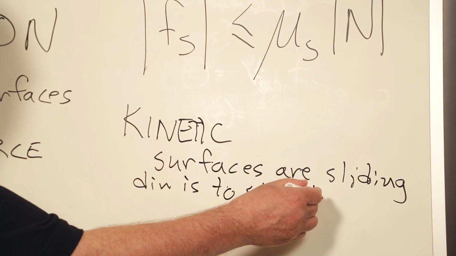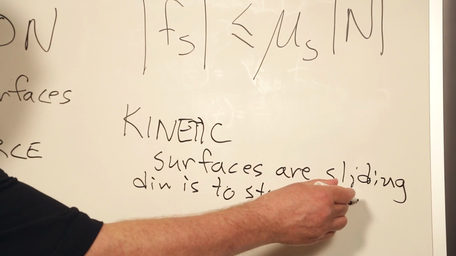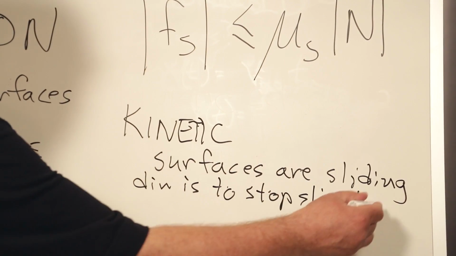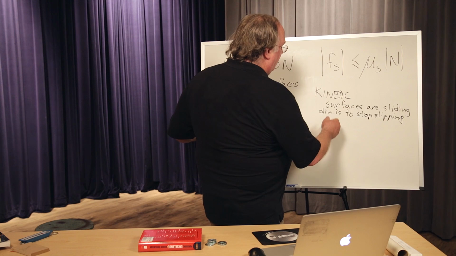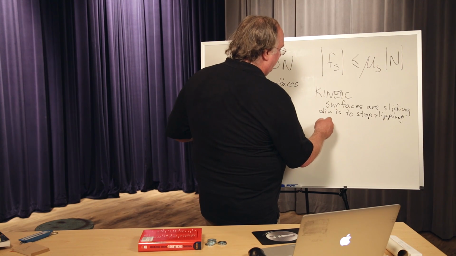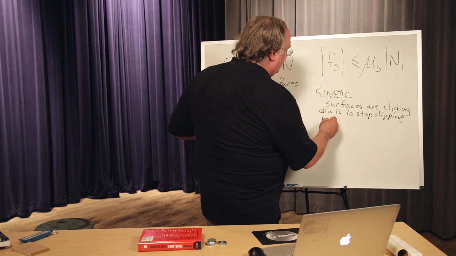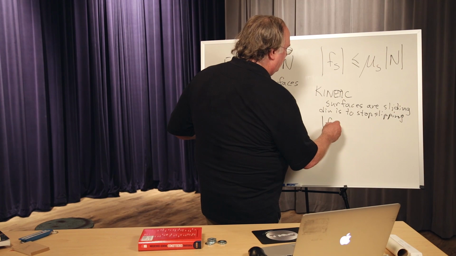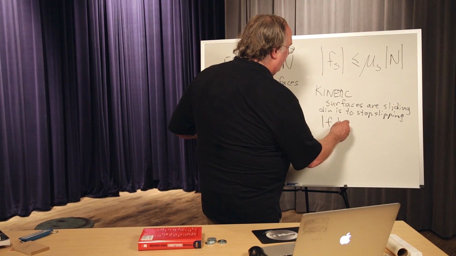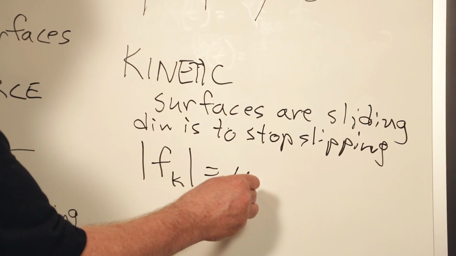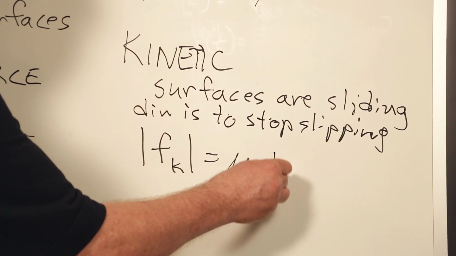It's to stop the slipping. And the magnitude of it is given by this formula. The magnitude of Fk equals mu k times n.